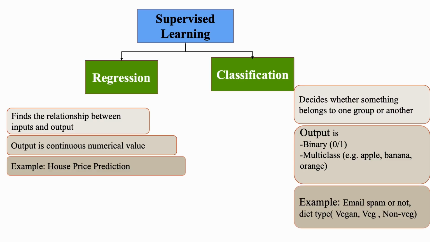An example may be predicting whether an email is spam or not, or the diet type that we saw in the beginning of my video. Identifying whether the food is vegan, veg or non-veg is a perfect example for classification.